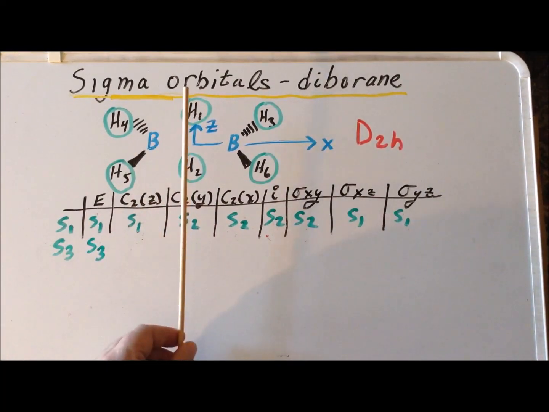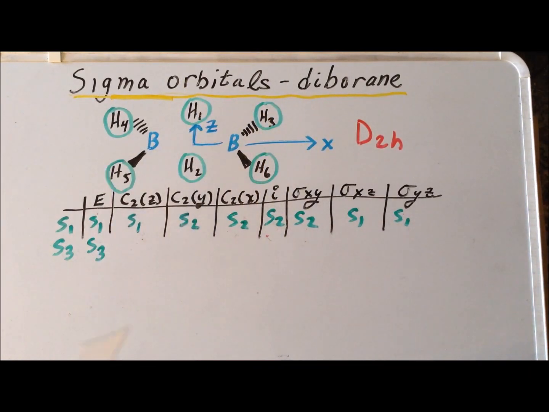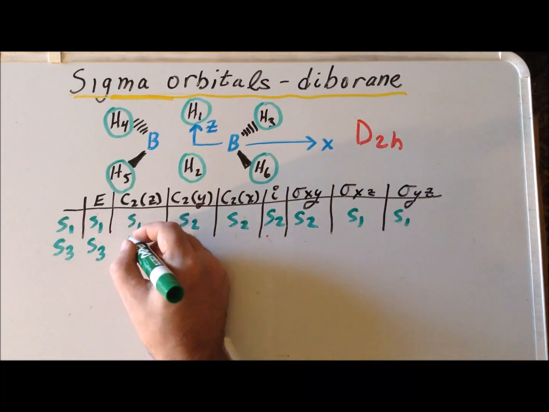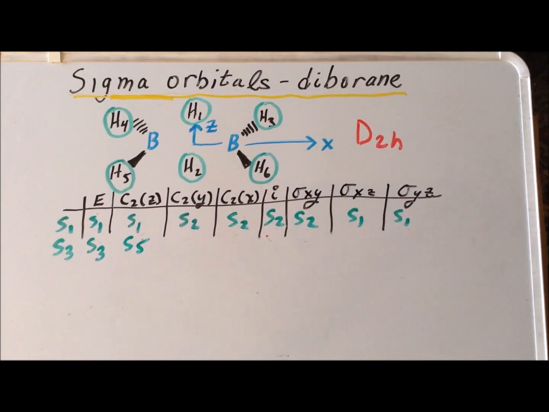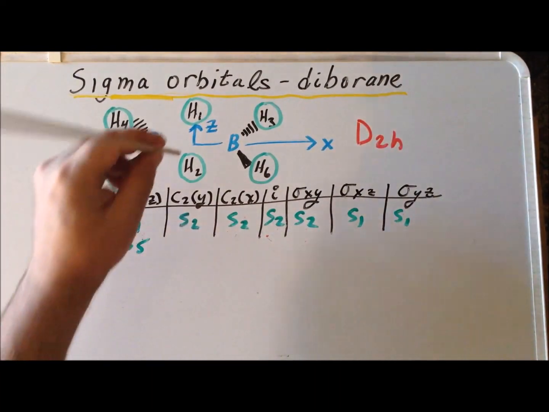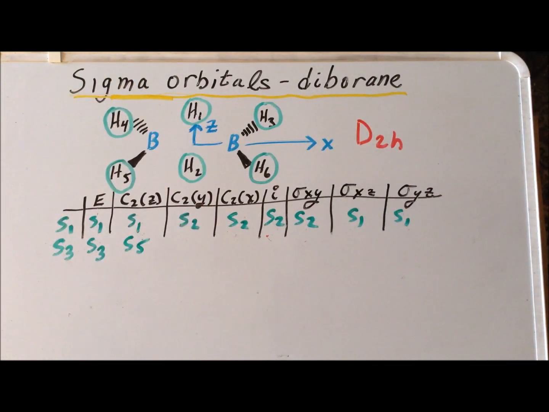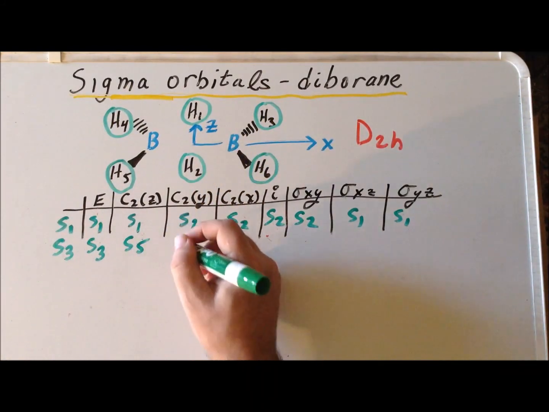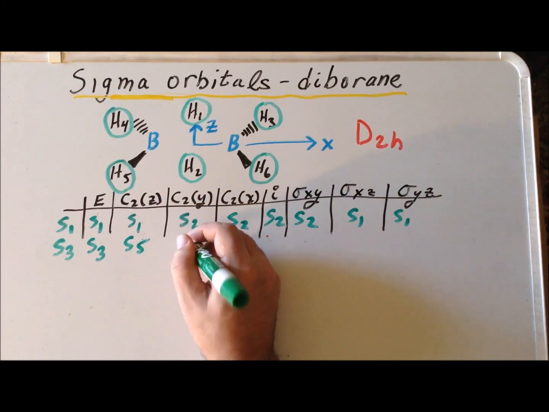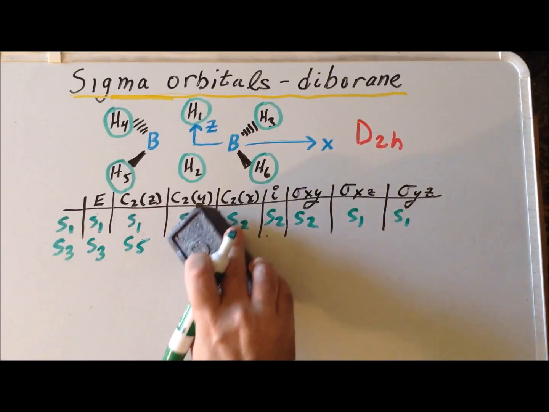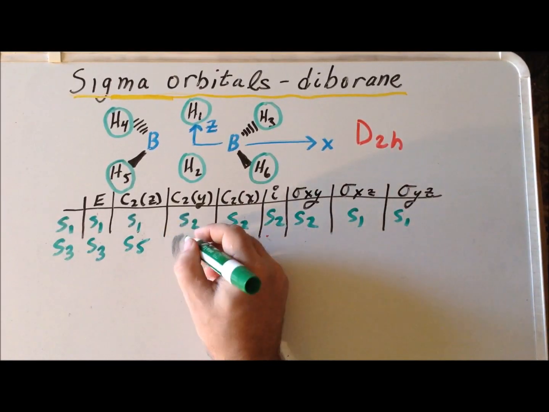Next we have C2Z, around the z-axis going vertically, so that's going to rotate H3 to the position of H5, so S3 goes to S5. Now if we go around the y-axis, this particular axis, that's going to take H3 to H4. That's going to be S4 here. Keep my terminology consistent.